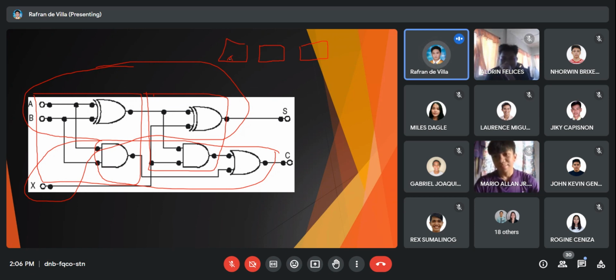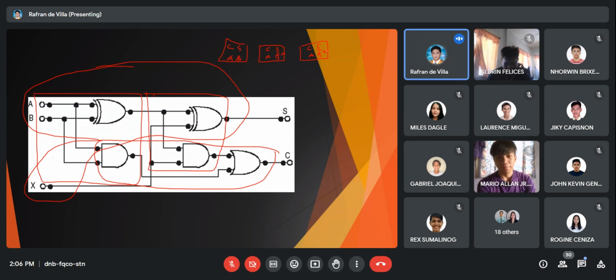So nata input A, input B, input A, input B, input A, and input B. So you have an output sum, ug napod kay carry out. Ug napod kay tawgon lang nato carry in.